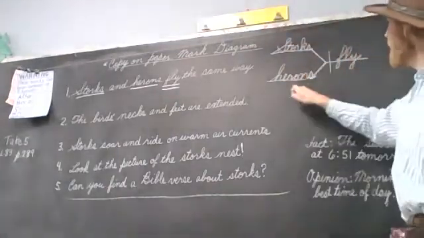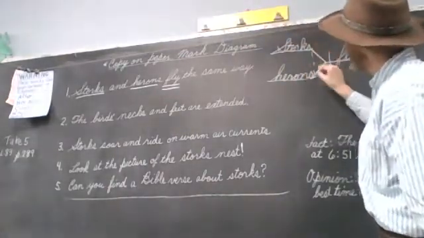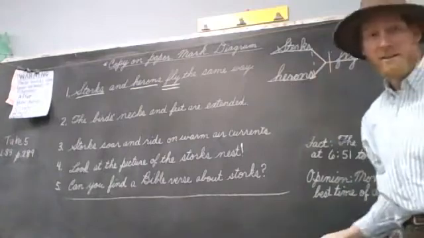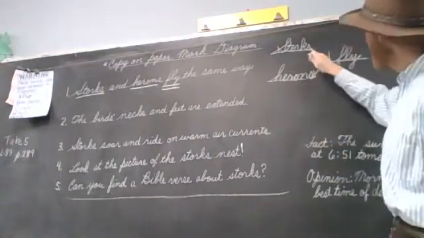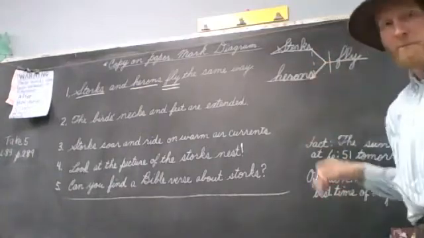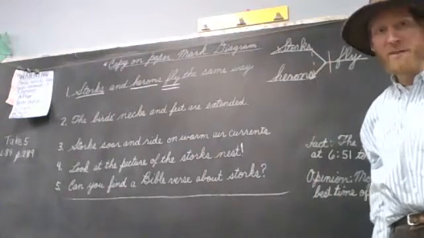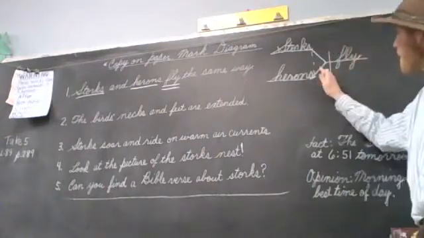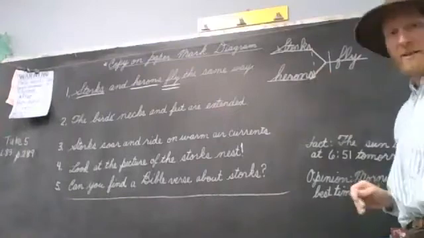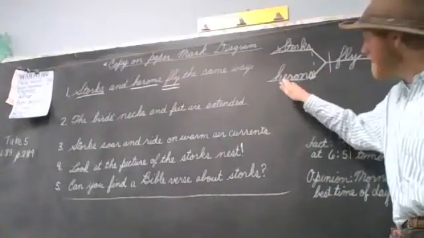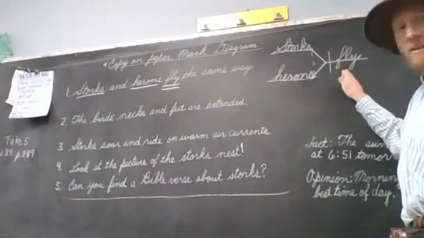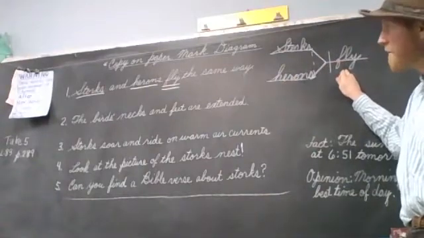Storks fly, herons fly. Don't forget those three dots. Or not really dots, kind of like dashes going vertical instead of horizontal. But there's three of them on the diagram. And there we have it: a compound subject with a verb. Okay, and that's the first one.